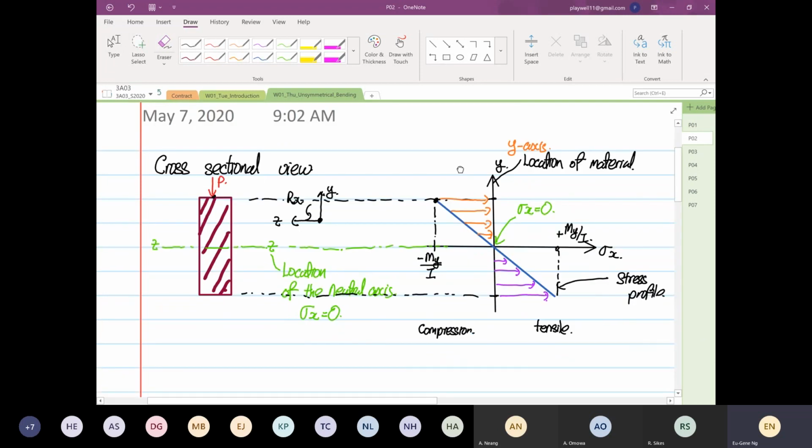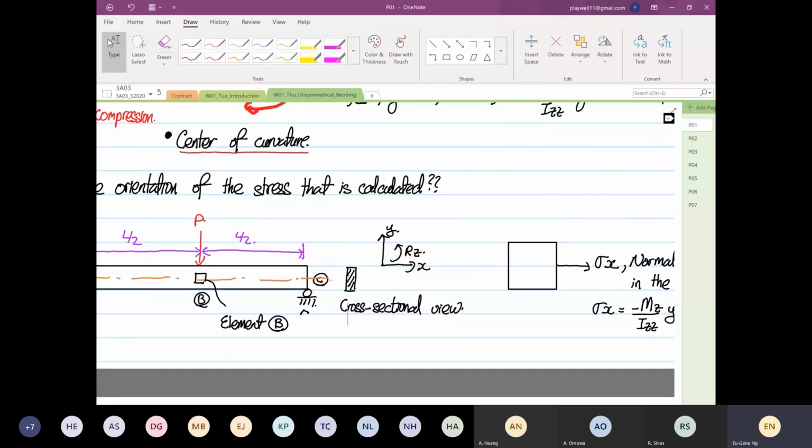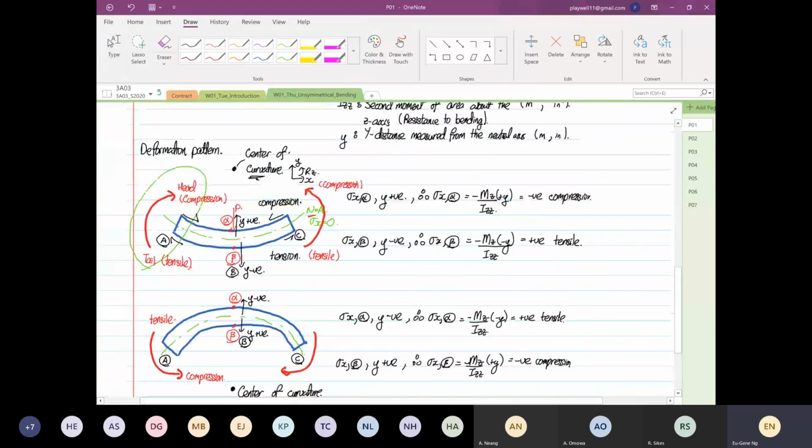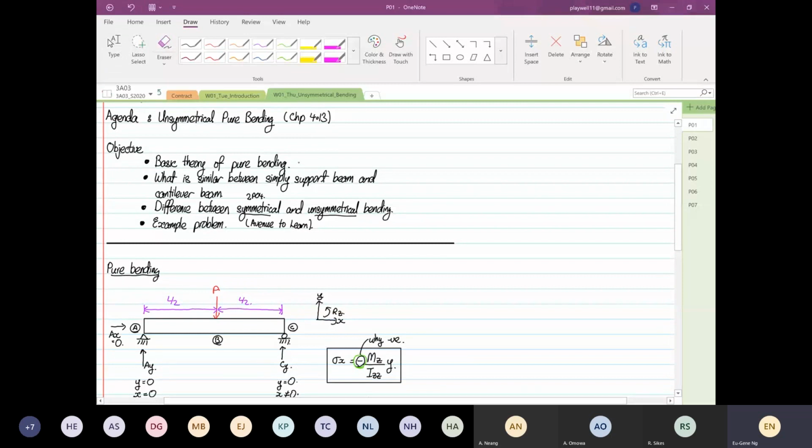So the next thing that I'd like to highlight. What we have done so far, based on the agenda objective, is that you now know the basic theory of pure bending. The next one is what is similar between a simply supported beam and a cantilever beam, especially when we go into pure bending.